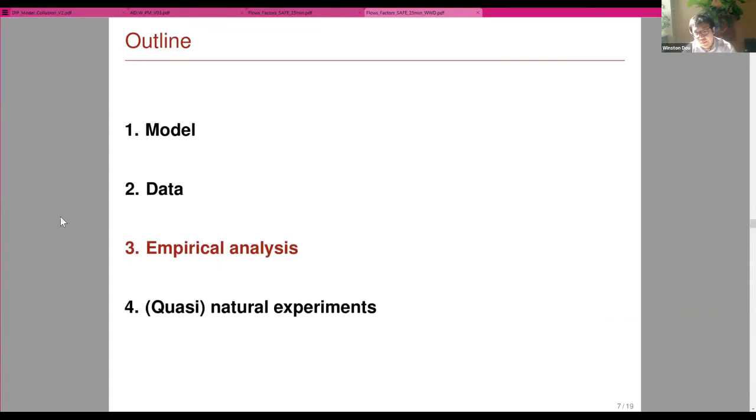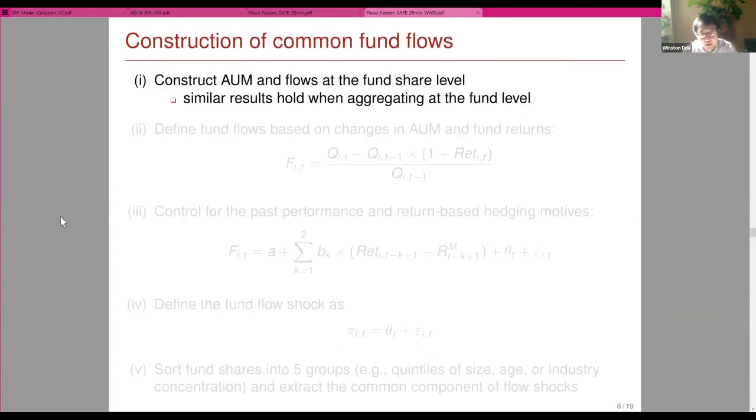Okay, so now let me jump into the empirical analysis. Remember, we just test these two results. One is about the relation between flow beta and institutions' asset allocation. The second is the flow beta and the stock returns. So first, we need to construct these common fund flows. We do this in five steps.